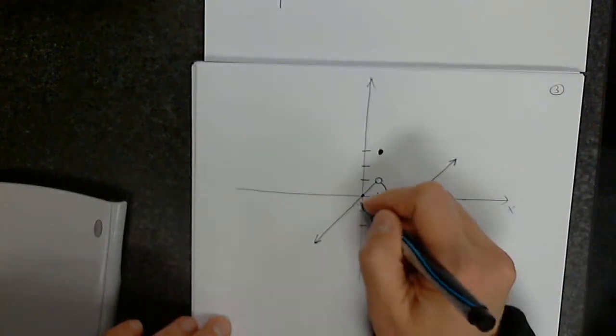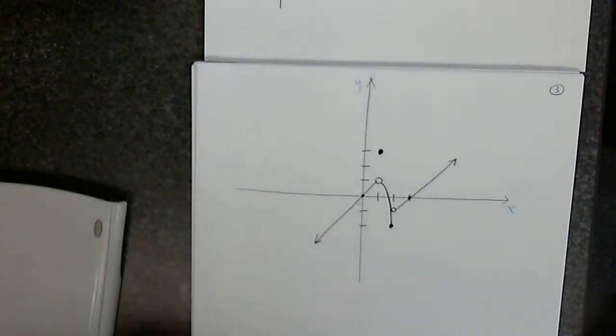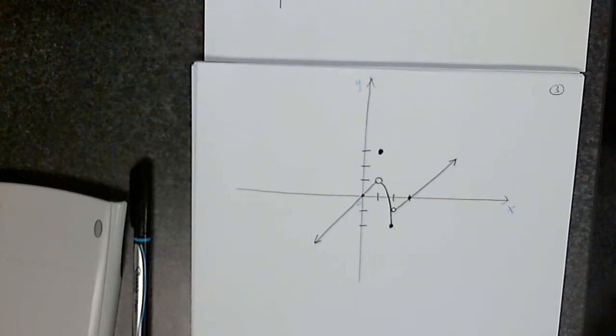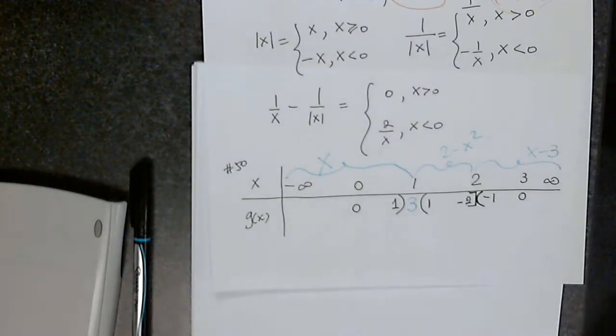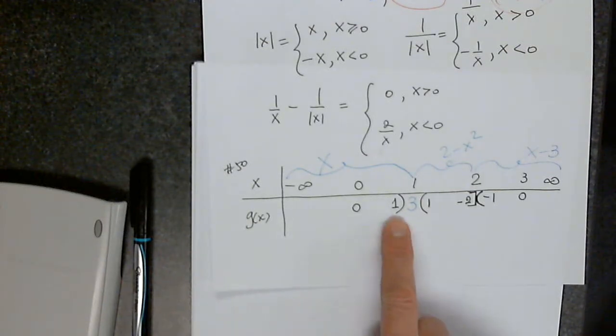Now I have to answer a couple of questions. The limit of g of x as x approaches 1 from the left. I don't need a graph for that. Limit of g of x as x approaches 1 from the left. 1 from either side. 1, very good.